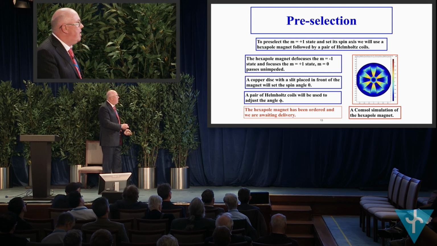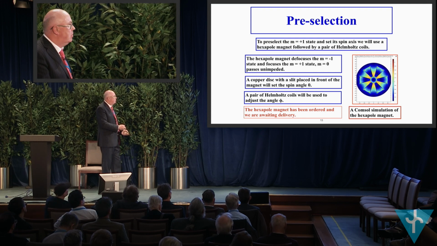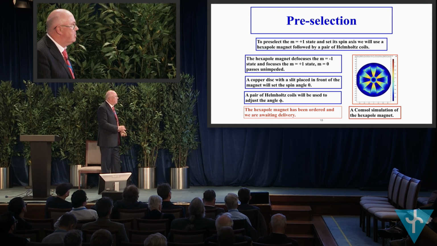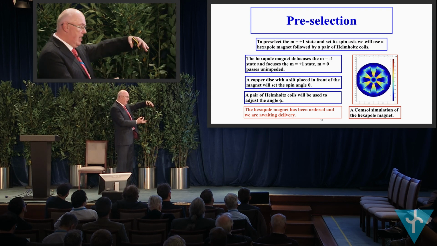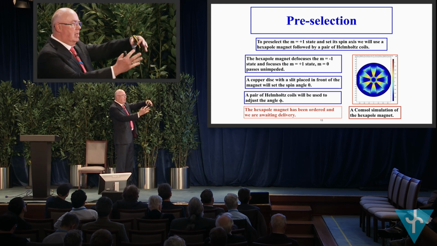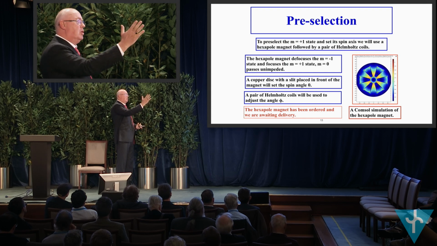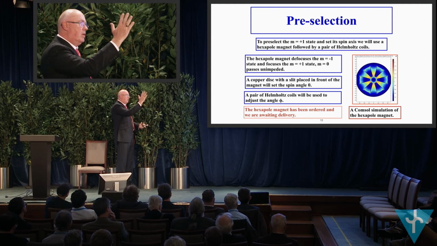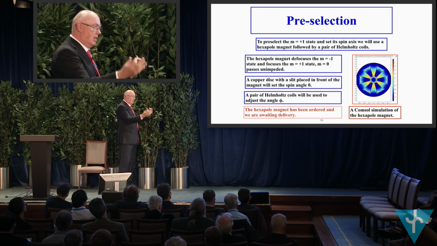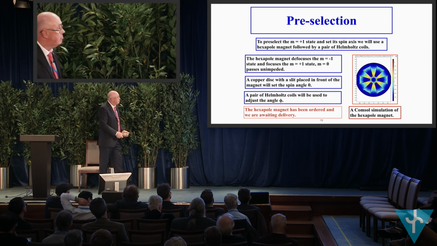Then we're going to use a pair of standard Helmholtz coils a bit further down to adjust the angle phi. As the beam comes out, it's not going to be perpendicular, it's going to be slightly off, so we're going to tune the Helmholtz coils to get it all lined up.